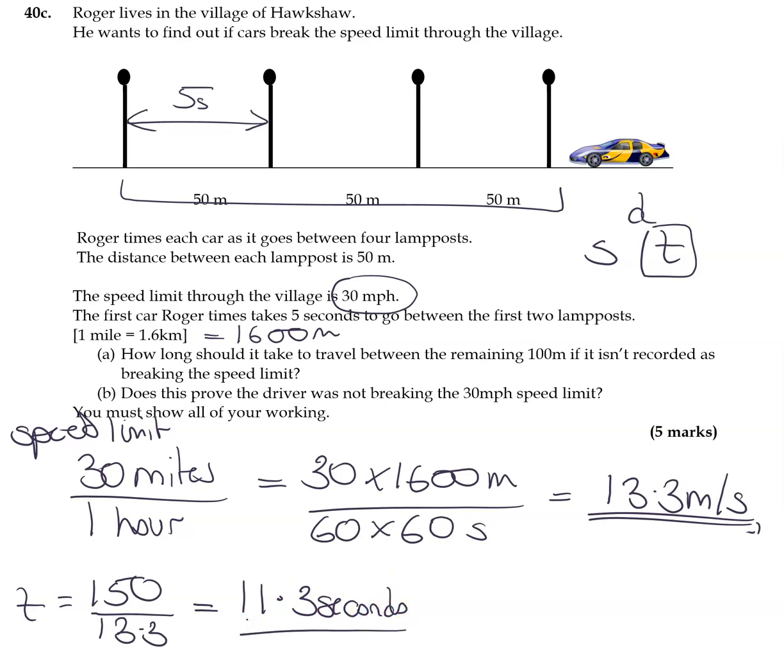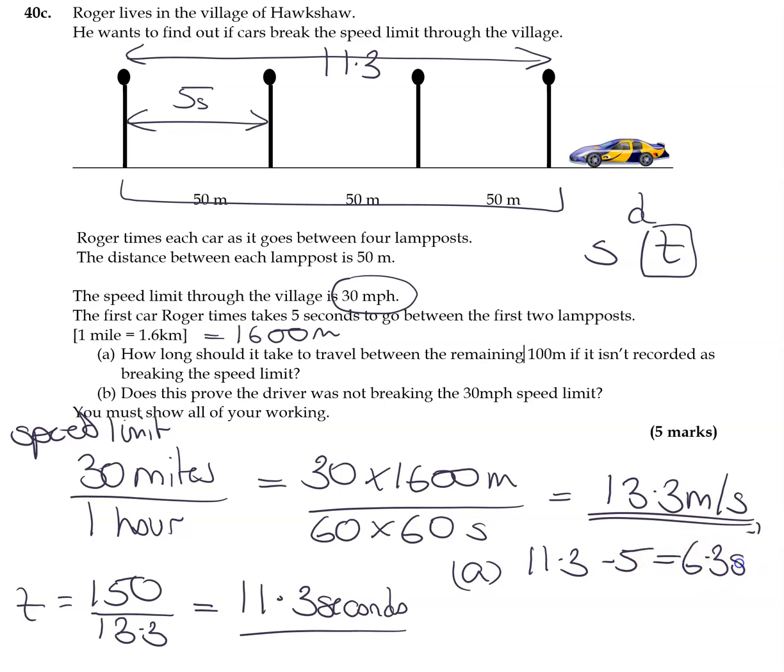So the car so far has taken 5 seconds for the first bit, and I know it's allowed to take 11.3 seconds for the whole journey. So the time left, so for part A, it's going to be 11.3 take away 5, so 6.3 seconds.